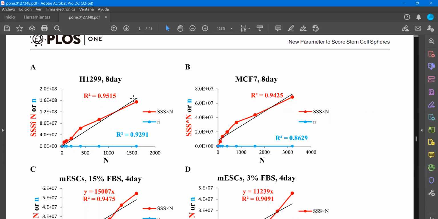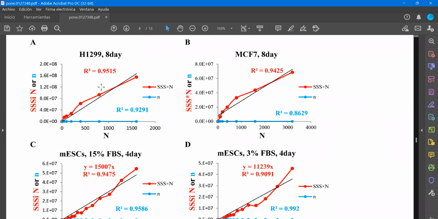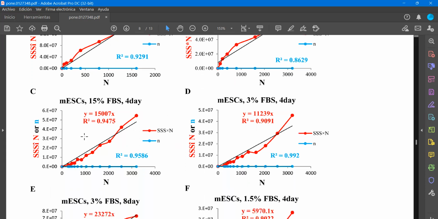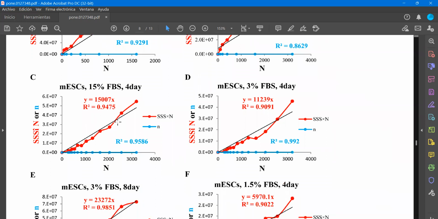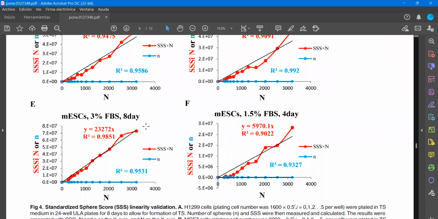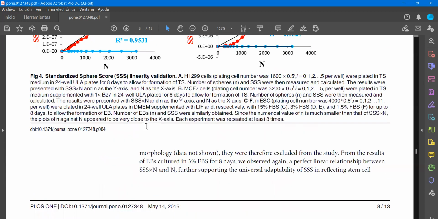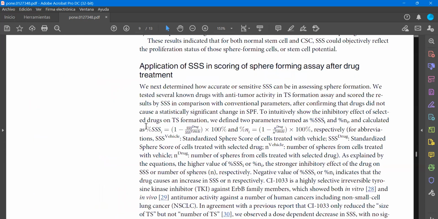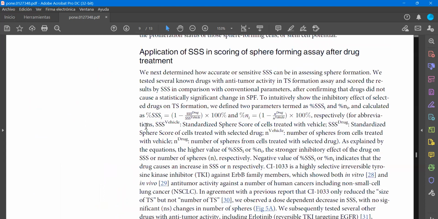So for all the cell lines, we have this correlation index. It's very good. It shows 0.95 or 0.94 for the breast cancer cells, 0.94 for embryonic mouse lines. So this parameter has a good agreement with the idea.